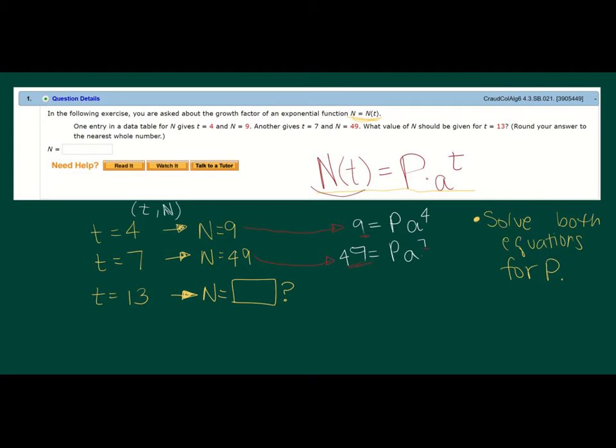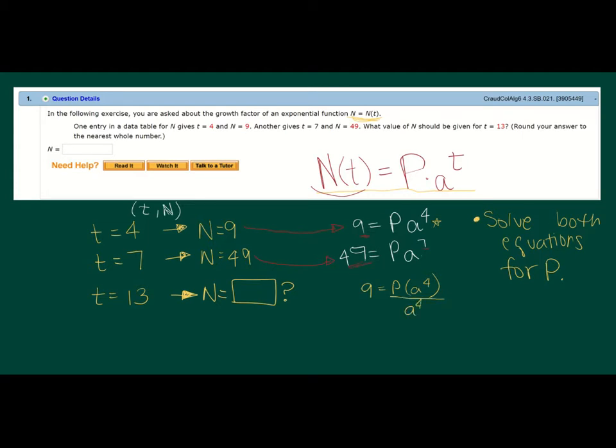So in my first equation here, I have 9 equals p times a raised to the 4th power. A raised to the 4th power is just some number. It's a multiplied by a multiplied by a and multiplied by a for a 4th time, but it's still just some number. So what I can do is divide both sides of the equation by a raised to the 4th power.